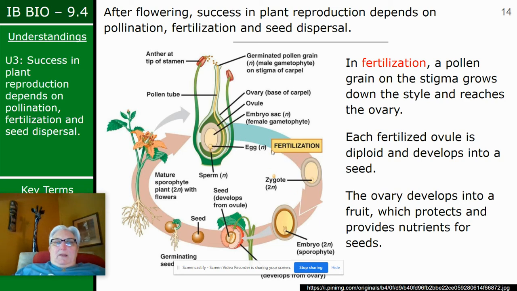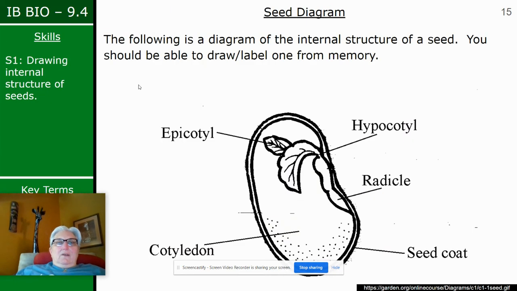The egg is haploid, the pollen, sperm is haploid, but pollination occurs, fertilization here, and we end up with our diploid zygote. That seed continues to develop, right? Germinates, creates the plant, and then the flower. That's our whole process of fertilization. So that's kind of part 2 of this particular unit.